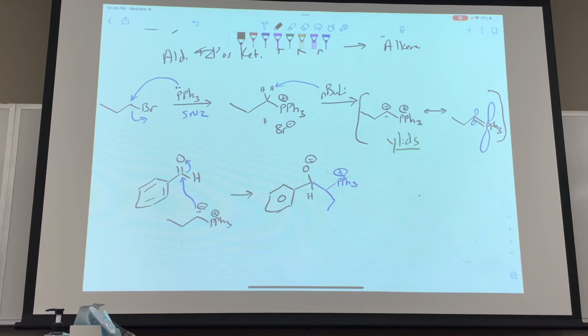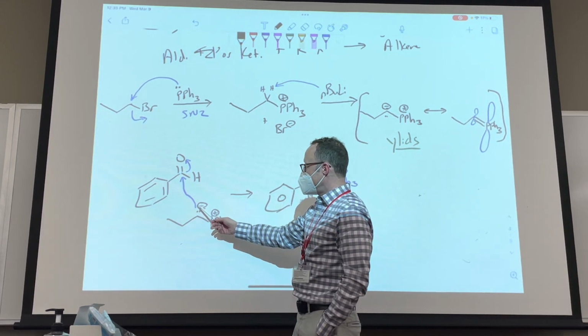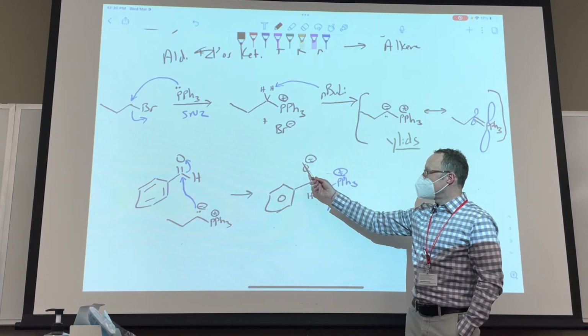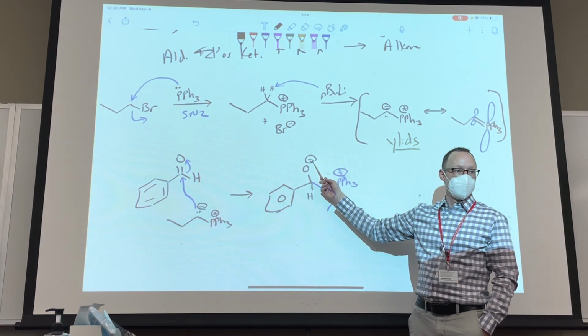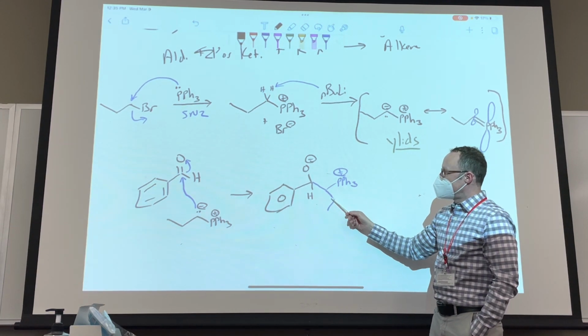Okay, so what I did was I had the negative charge of the ylid come in and attack the carbonyl. Well, there's the O- that resulted as the carbonyl bond broke. Here in blue is the phosphorus ylid that did the attack.